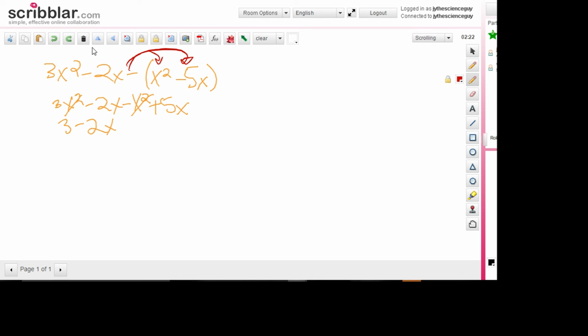Okay, so let's just go back. What you're going to do is combine those two together by using the numbers in front. What number is in front of that negative x squared? A 1. So what's 3 minus 1? Oh, I'm sorry. 3 minus 1.